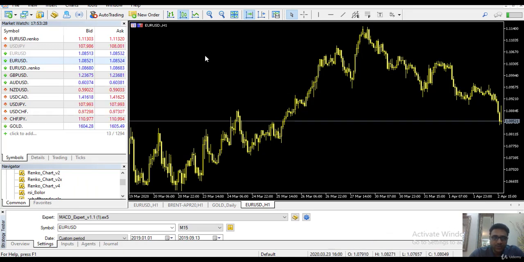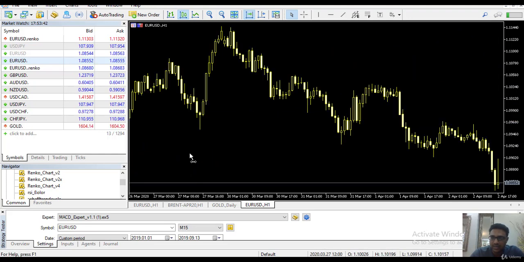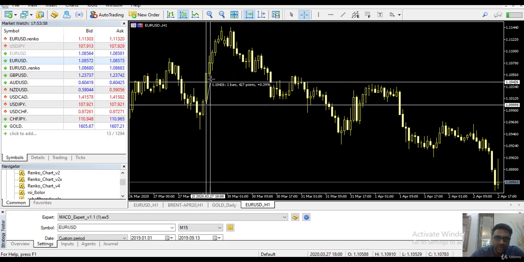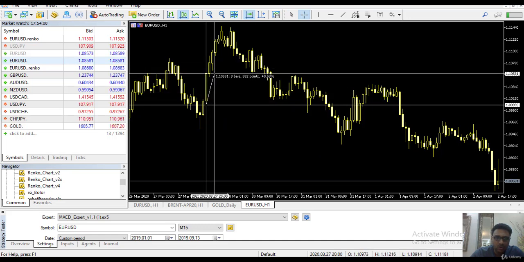Here you can see we have EURUSD on the H1 time frame, the 1 hour time frame. We know each candle represents one time frame, and that is H1. Let's say we look at this long candle. We know the candle has moved from this area to this area on the closing, and it has moved roughly from the low to the high around 590 points.